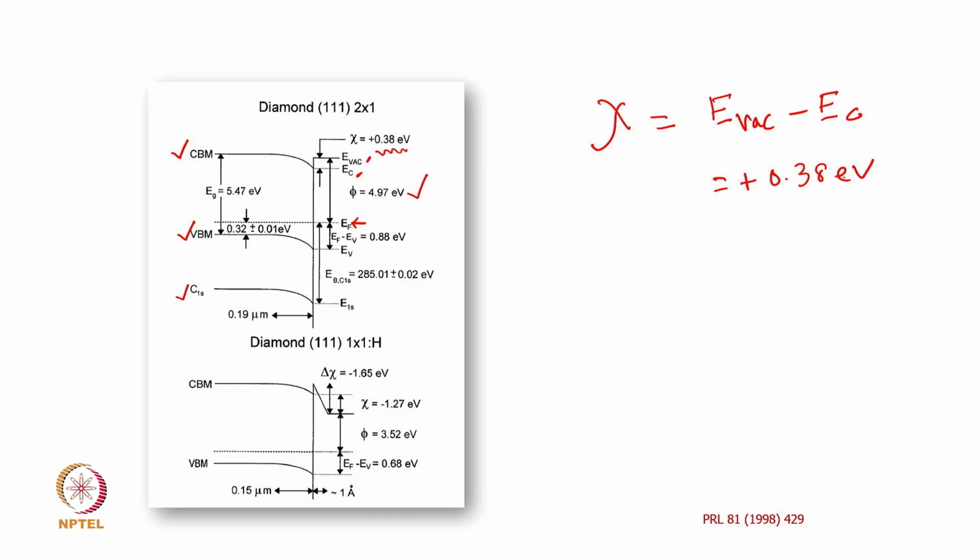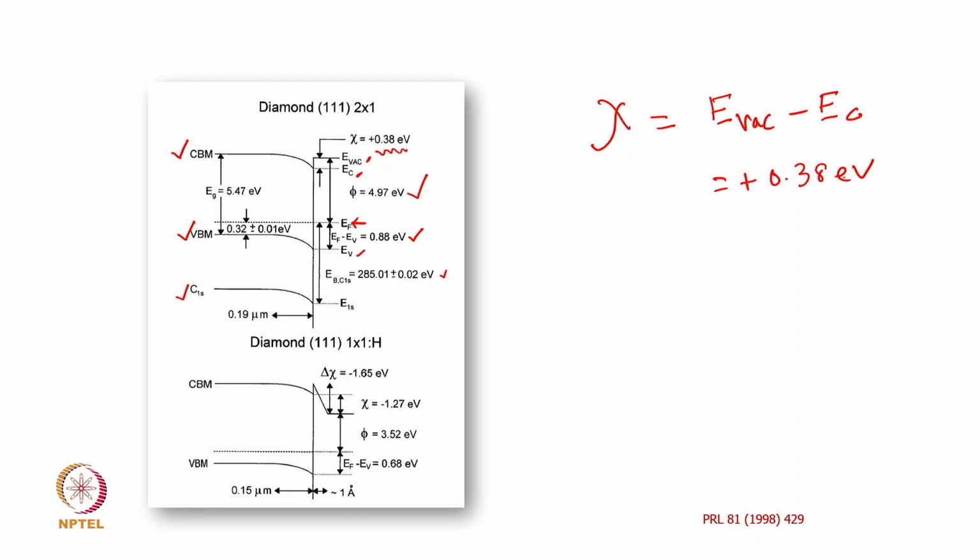Then one can define the difference between the valence band energy and the Fermi level, which is 0.88 electron volt. And this is the binding energy, anyway we are not dealing with this. So, the main point here is that for diamond the electron affinity is positive and its value is around 0.38 electron volt.